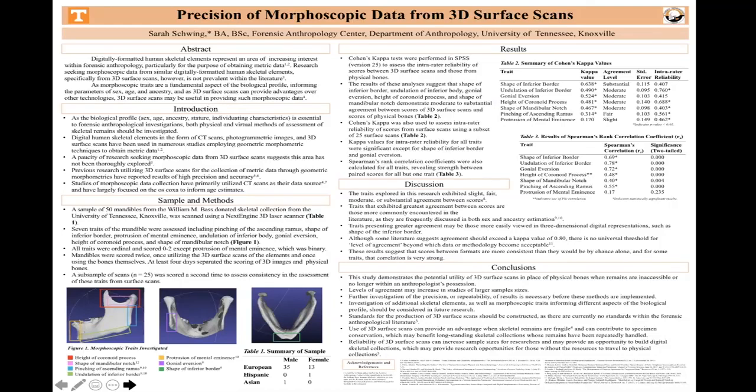So essentially what I did for this research was look at the utility of morphoscopic methods that we use on dry bone in forensic anthropology and apply these methods to virtual remains. I wanted to see if it was possible to get consistent scores from these virtual remains, or 3D surface scans, rather than physical remains.